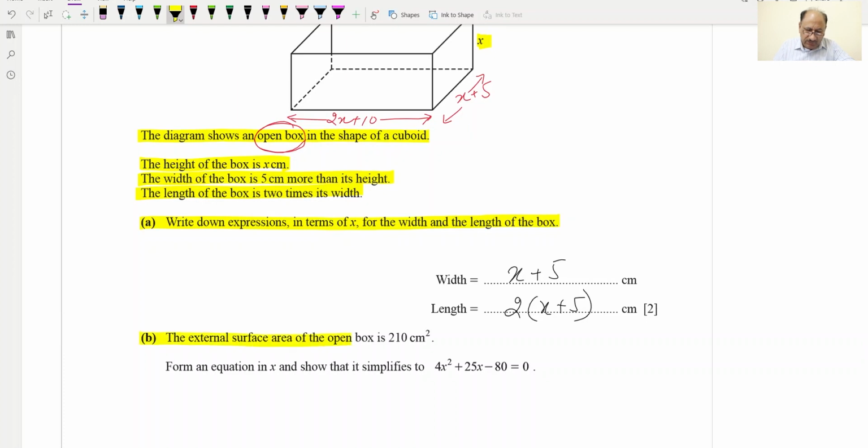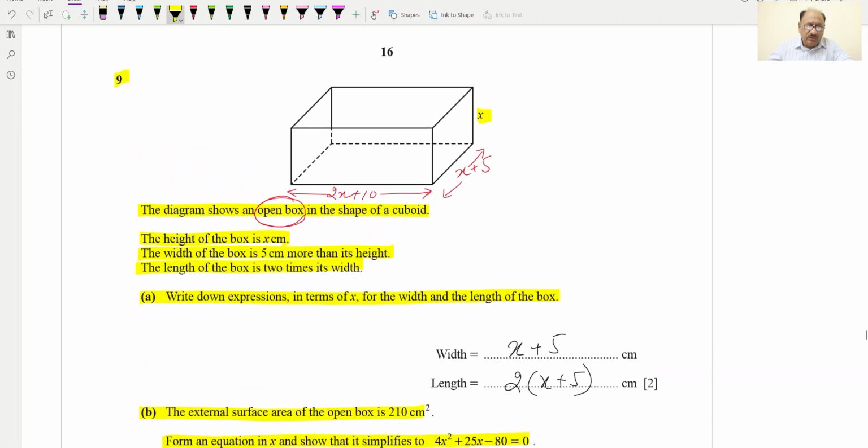Now the external surface area of the open box is 210. Form an equation in x and show that it simplifies to this one. For the surface area, first of all we can take two sides. We can take this side and the opposite side.